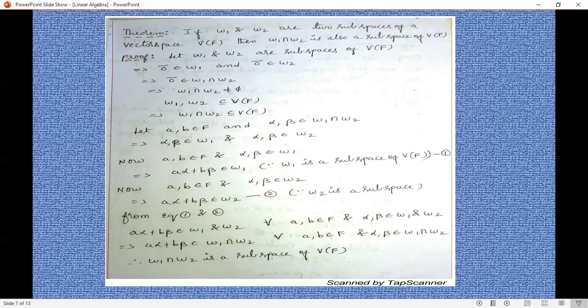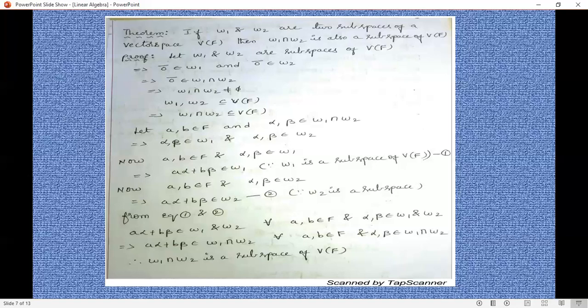Now considering the elements, let a, b belong to F and alpha, beta belong to W1 intersection W2. Listen carefully: alpha, beta belong to W1 intersection W2 means alpha, beta belong to W1 and alpha, beta belong to W2.